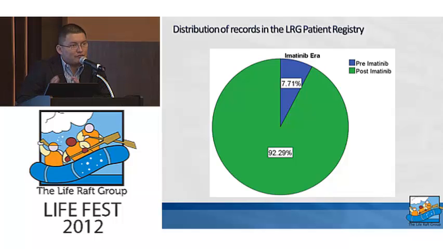This is just to have a reference point. July 2000 was when the imatinib era started, and 7.71% had GIST before that date, and 92.29% were diagnosed after July 2000.